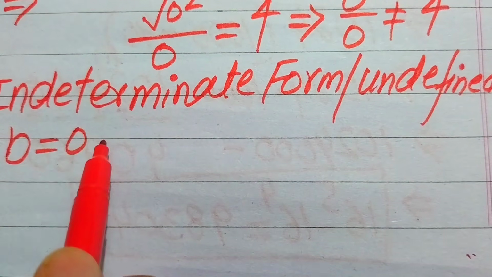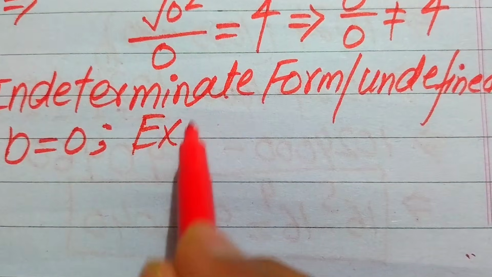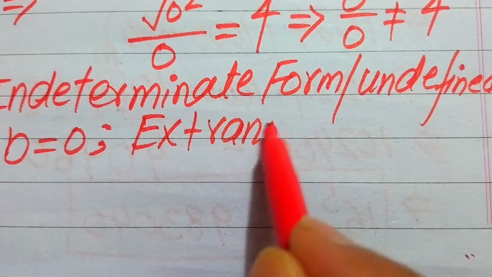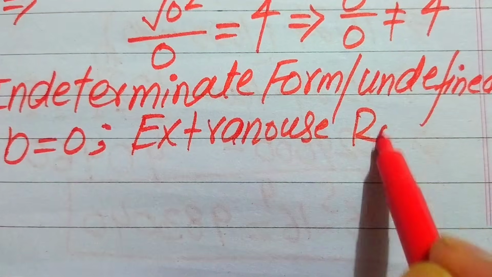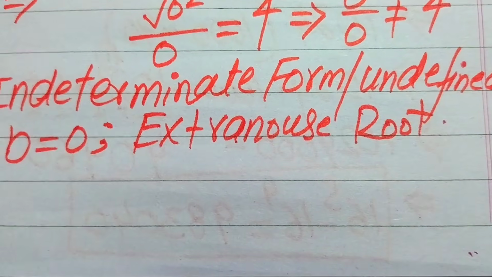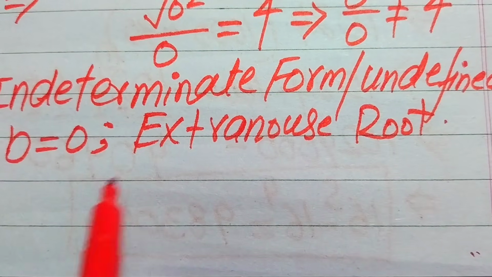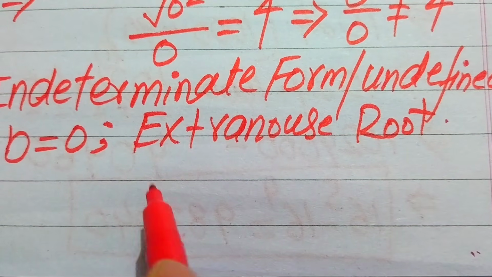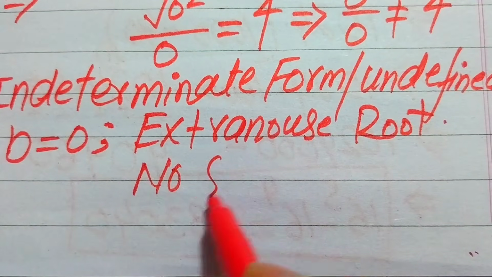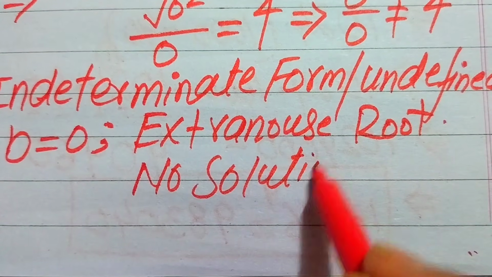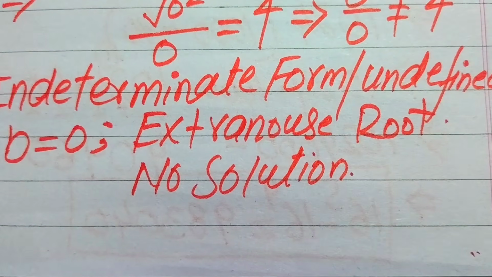So we call b equals 0 the extraneous root of the given equation, because it does not satisfy our given question statement. Further, we cannot get any other value of b which satisfies our given question statement. So finally we conclude that this question has no solution in general. This is our final answer from the first method.